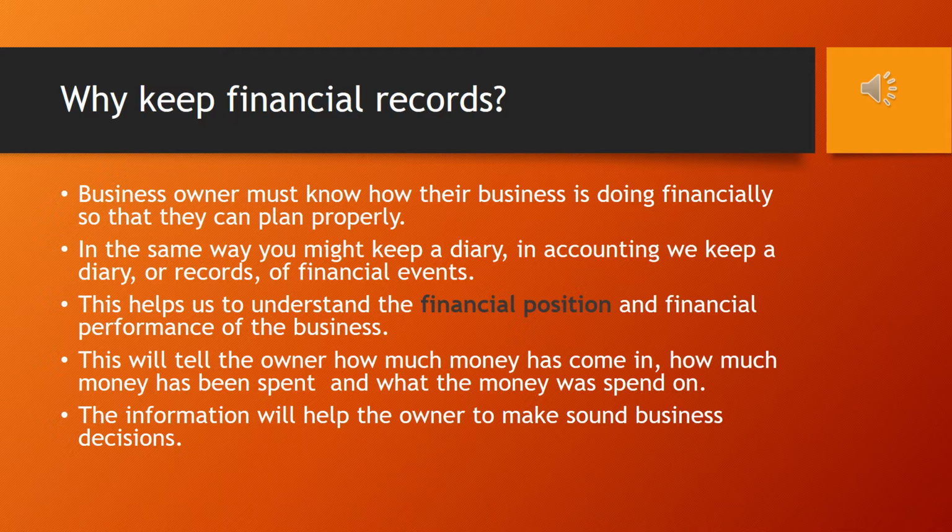Again, it will help the owner to know how much money has come in and how much money has been spent and what money was spent on. So by recording such things, you are writing down that we have spent money on wages, we have spent money on electricity, we have spent money on rent, that is expenditure or expenses.